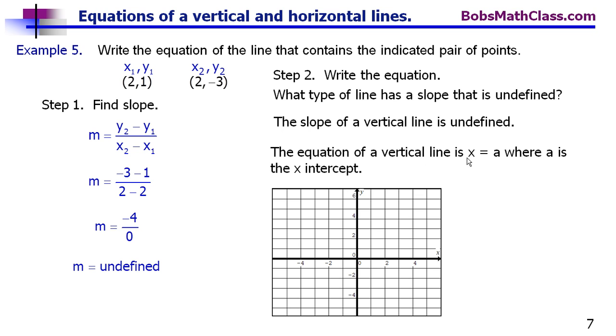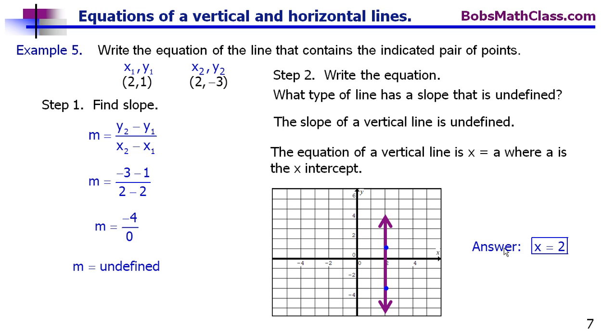The equation of a vertical line is always x equals a, where a is the x-intercept. Well, if we plot these points, (2, 1) and here's (2, -3), and draw a line through those points, where does it intersect the x-axis? Yeah, at x equals 2. Now the shortcut for that is looking at the 2 points. What can you notice about that?